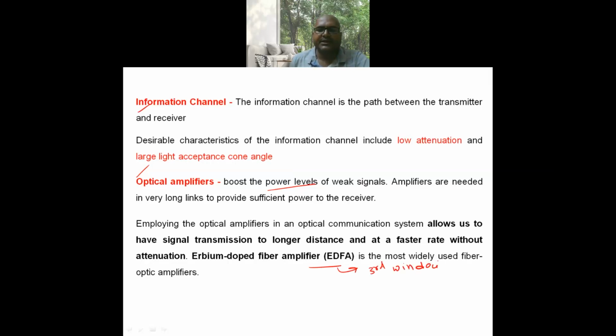In first and second windows, the losses are very high, and in the third window the losses are less. The major advantage of the third window is erbium doped fiber optical amplifiers are available only in the third window.